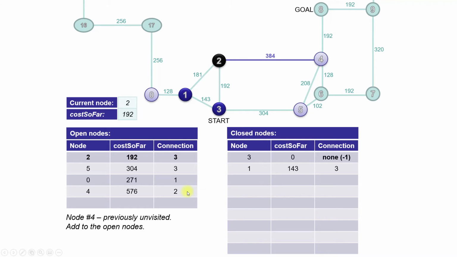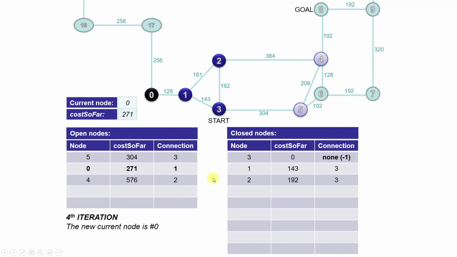Connection for this new node is our current node number 2. And this is the end of the iteration, so we only close the current node number 2, so it appears in the closed nodes and disappears from the open nodes.